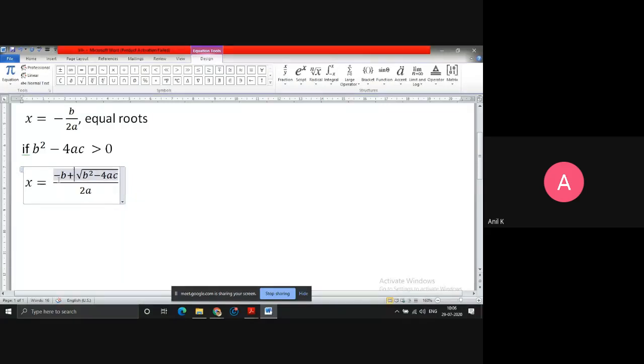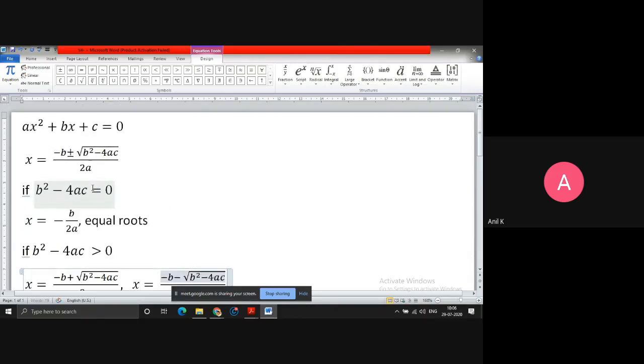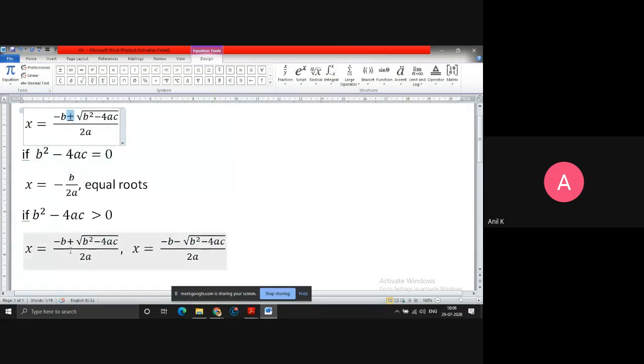One solution is minus b plus under root b square minus 4ac upon 2a, and another solution of x will be minus b minus under root b square minus 4ac upon 2a, because we have a plus or minus sign here. So I'll take the plus sign one time and the minus sign the second time.